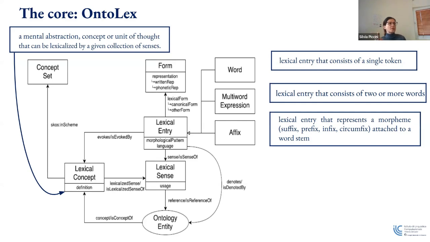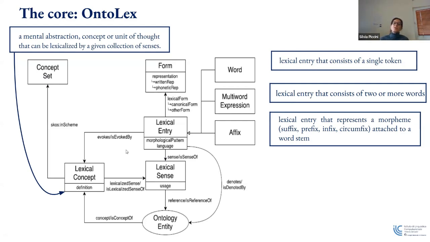The second option, the option I prefer, as I'm a linguist, so I think that the meaning is important, is to create an instance of the class lexical sense. So we have the lexical entry, which is linked to a lexical sense by means of the relation sense. And then the sense is linked to an ontology entity.